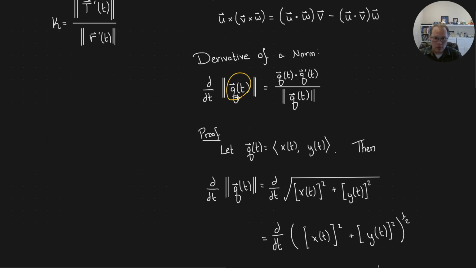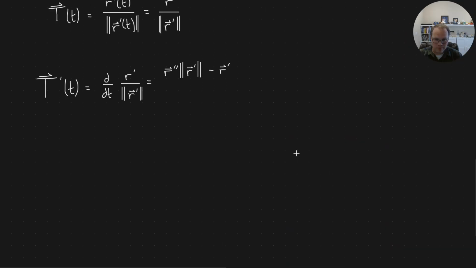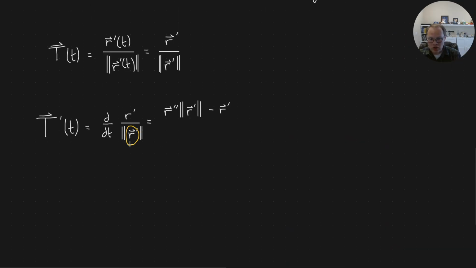The derivative of a norm of a function is the function dotted with its derivative over the norm of the original function. Okay? So since my function is r prime, I take r prime dotted with its derivative, which would be r double prime, over the norm of the original function, norm of r prime. And then finish off your quotient rule. All of that is over the denominator squared.